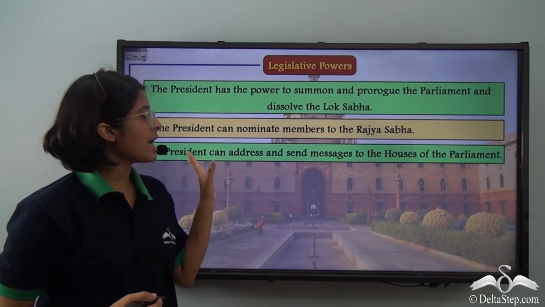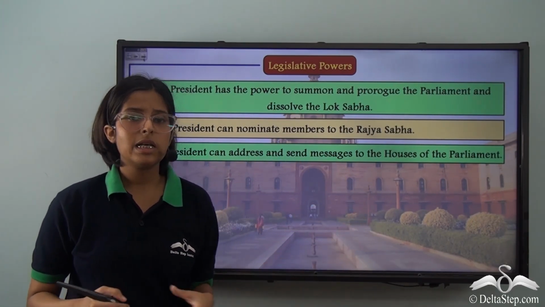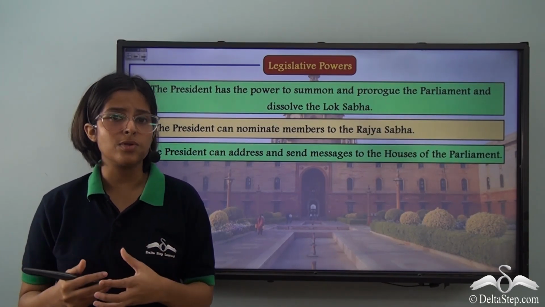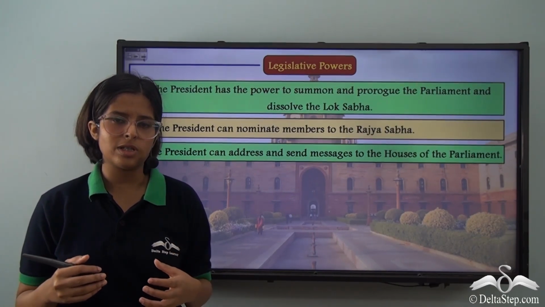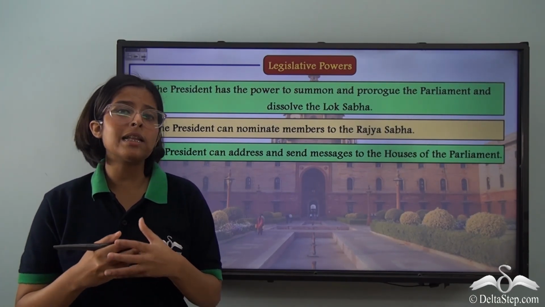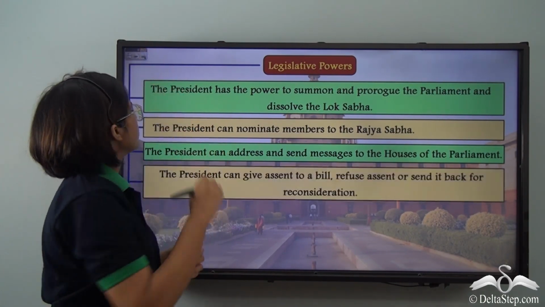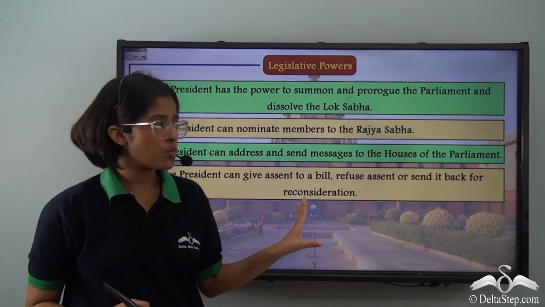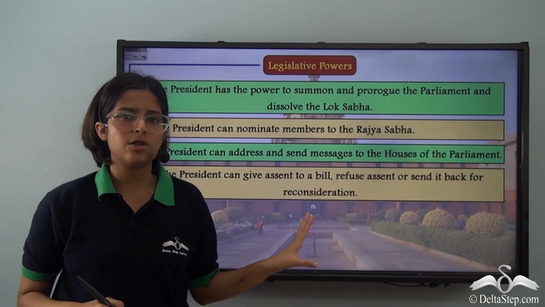Thirdly, the President can address and send messages to the houses of the Parliament. The President can address the meetings of the Parliament houses as well as the joint meeting of the Lok Sabha and the Rajya Sabha. He can also send them messages when required. Along with this, the President can give assent to a bill, refuse assent, or send it back for reconsideration.